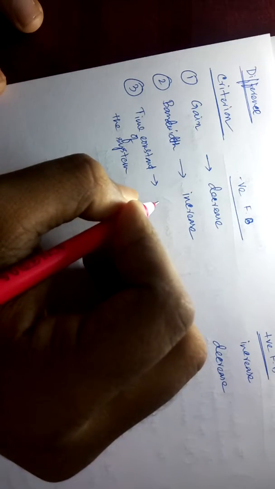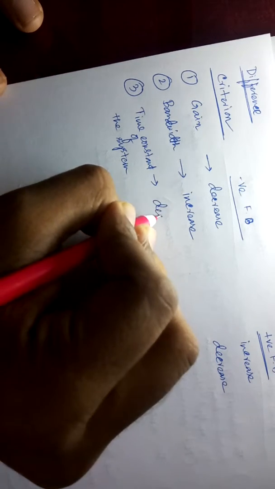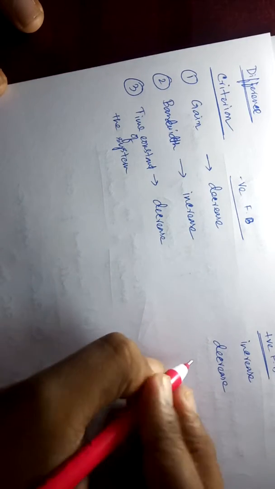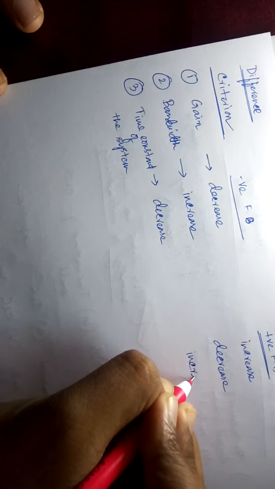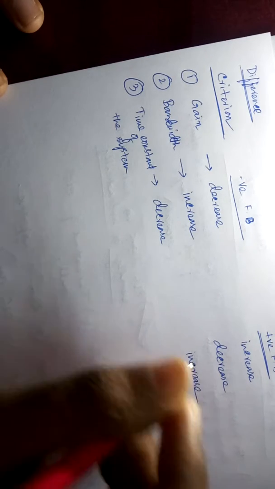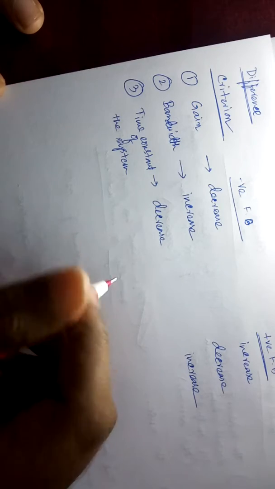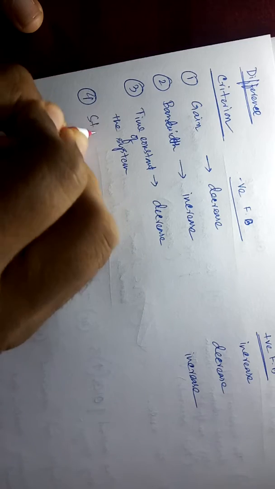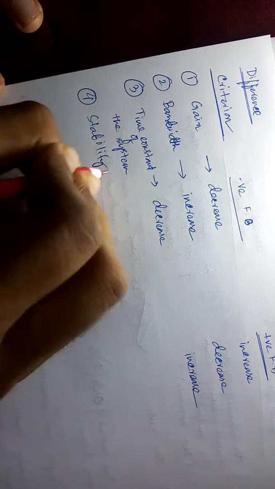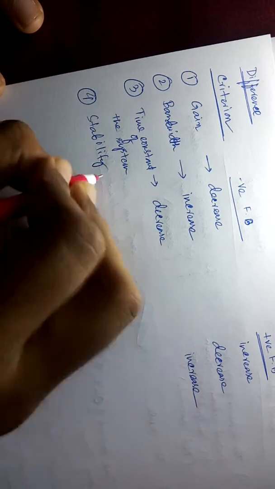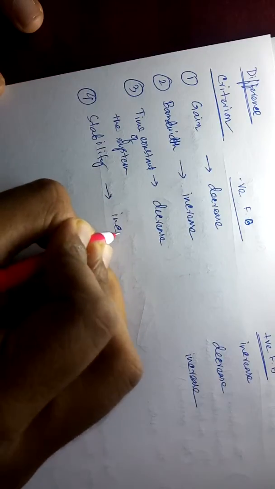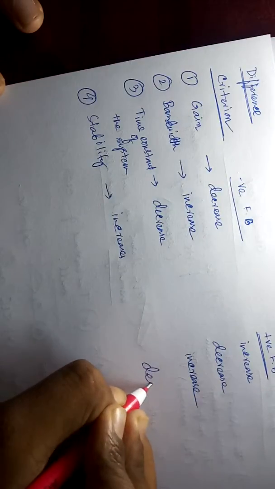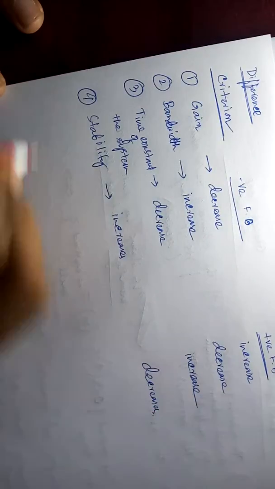In case of negative feedback, time constant will decrease, and in case of positive feedback, time constant will increase. Now, the very important point, I have explained it before, that is stability. Remember this always, stability in case of negative feedback always increases, and in case of positive feedback decreases.